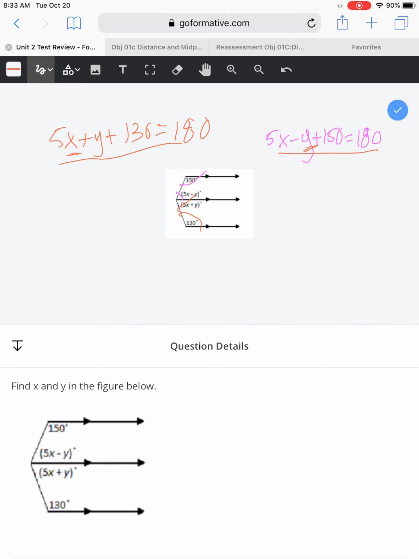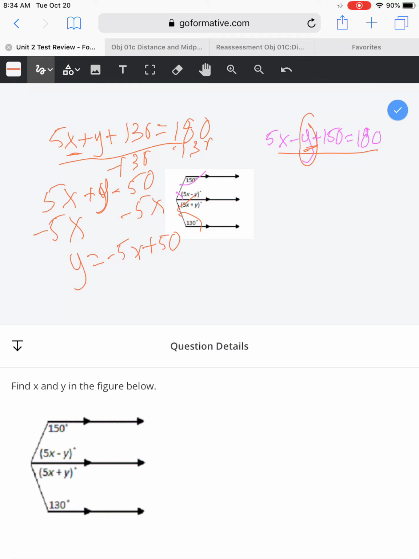So I solve for a variable. I say y is equal to, so I'm going to replace this y. In this case, I'm going to subtract 130. So this is 5x plus y is equal to 50. Subtract 5x, subtract 5x. Y is equal to negative 5x plus 50.